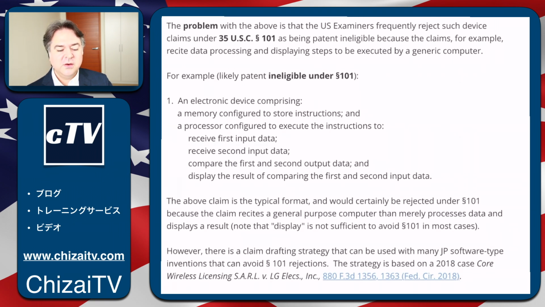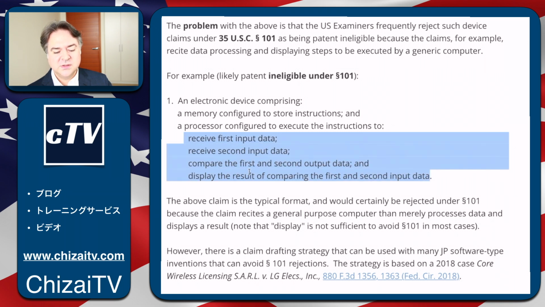So here's a very broad example. Most of the device claims that I see coming from Japanese companies are very similar to this. The functions may be a little different, but this is the basic structure. It's an electronic device comprising a memory configured to store instructions and a processor configured to execute the instructions, and here are the steps.